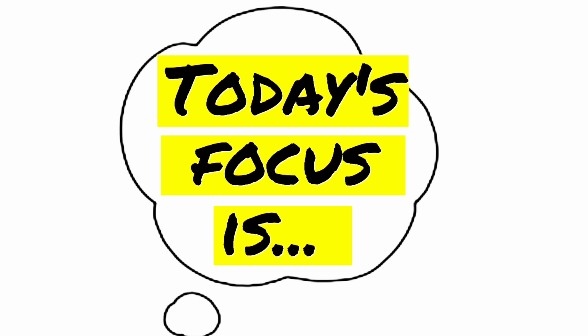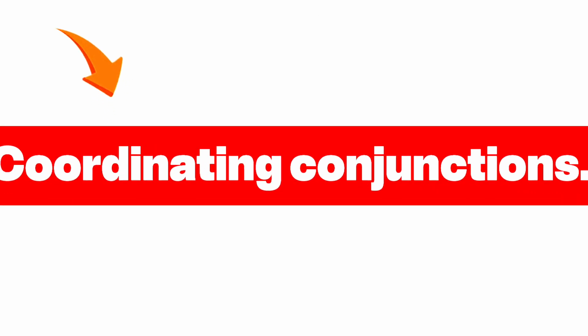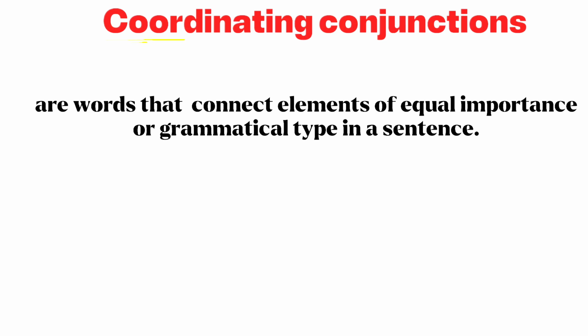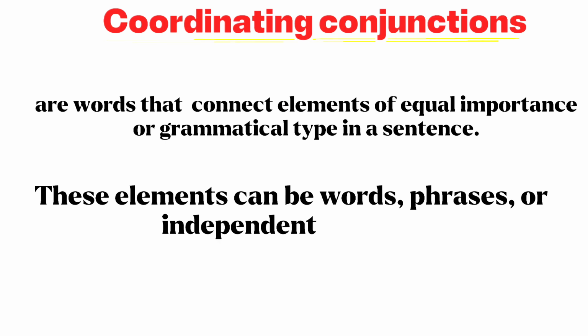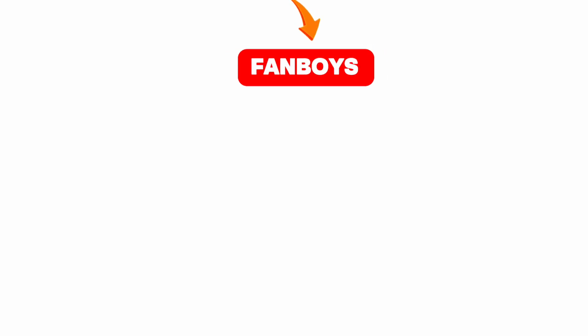So as I've told you, we are going to focus on coordinating conjunctions. Coordinating conjunctions are words that connect elements of equal importance or grammatical type in a sentence. These elements can be words, phrases, or independent clauses. The most common coordinating conjunctions can be remembered using the acronym FANBOYS.